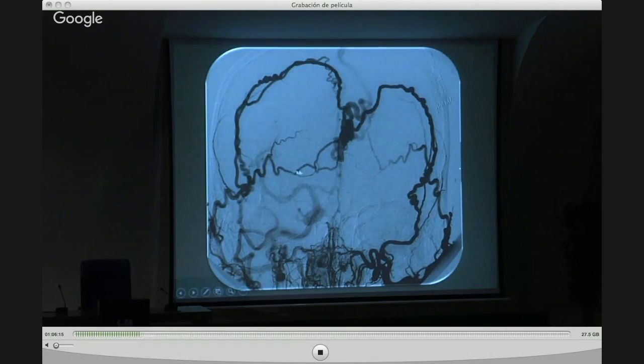This is exactly the transdiploic axis. This is the outer and the inner table, and also at the contralateral side. This inner table is the point that we need to respect, that we need to avoid going farther, since we can produce an epidural hemorrhage if we cross it.